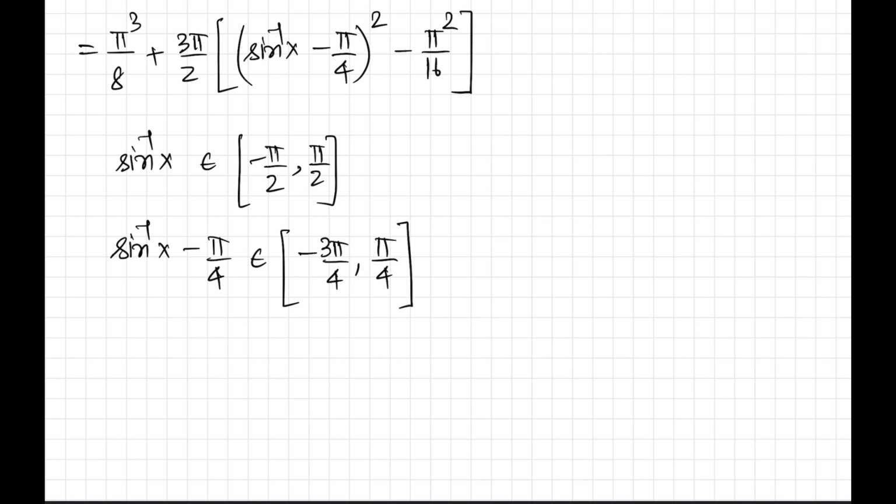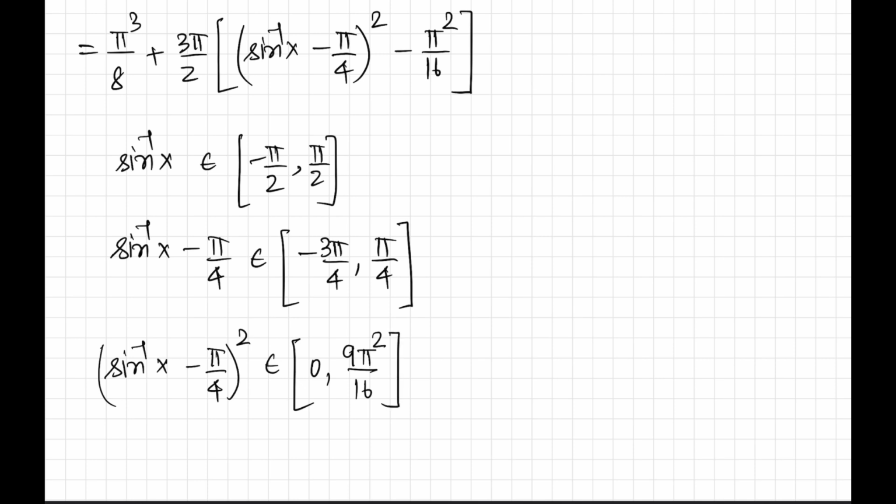And if we square it, sine inverse x minus pi by 4 whole squared will belong to the interval 0 to 9 pi square by 16.